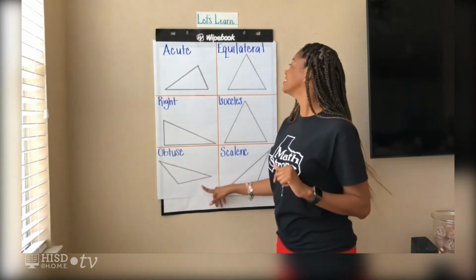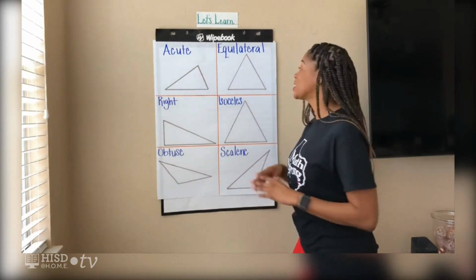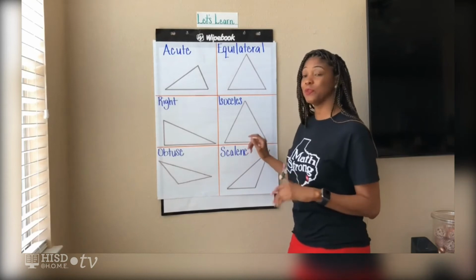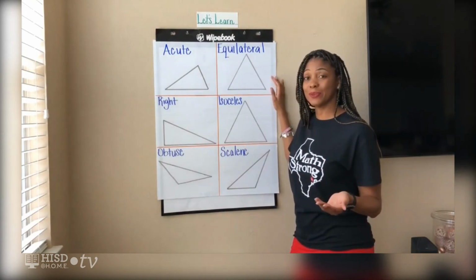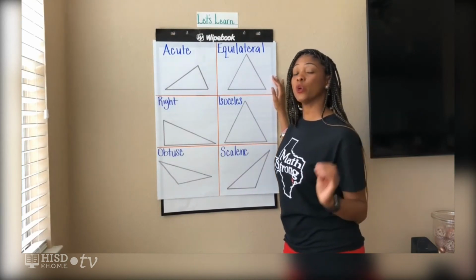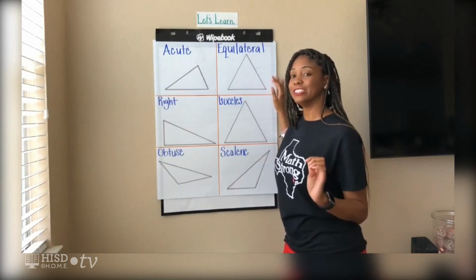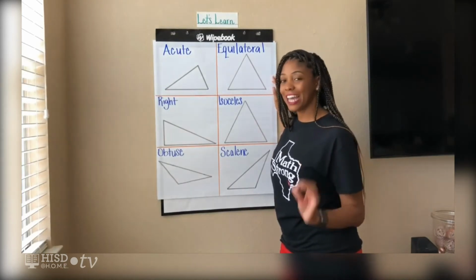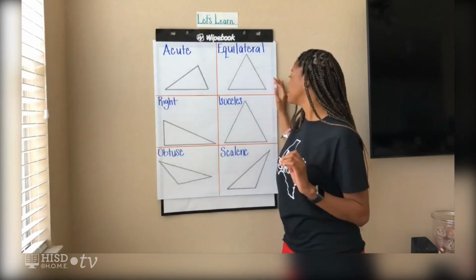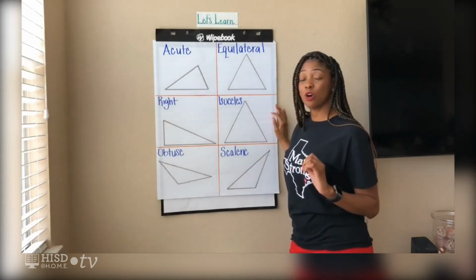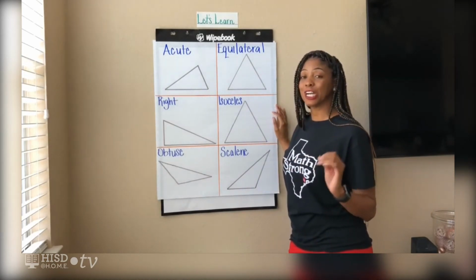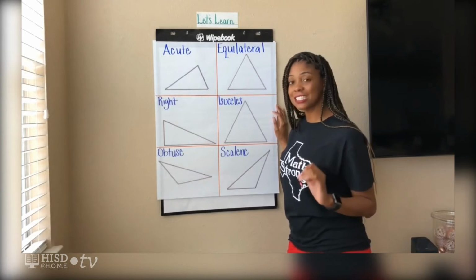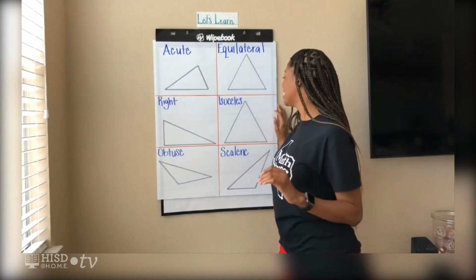Obtuse triangle. Awesome. So then in our second column, in the top right, we have an equilateral triangle. Equilateral triangle. Awesome. And our next one is called an isosceles triangle. Isosceles triangle. Yes.